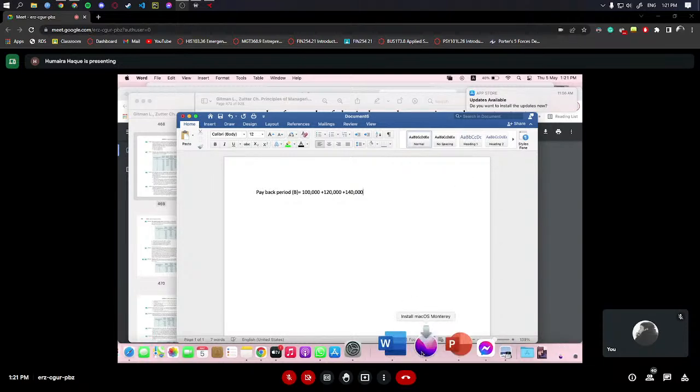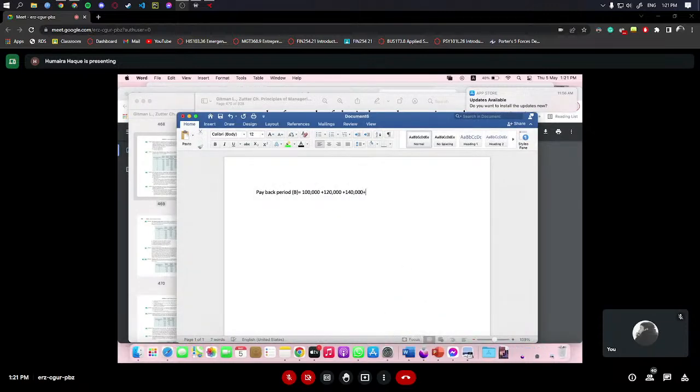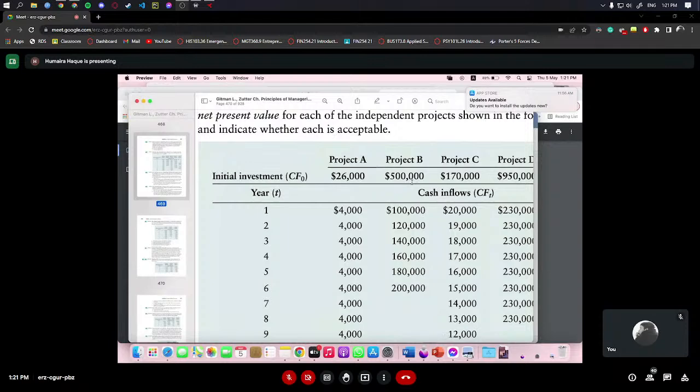So let's go to the next one. 160. Add up 160, how much is it now? 520. But isn't it more than what our initial investment is? Our initial investment was 500.